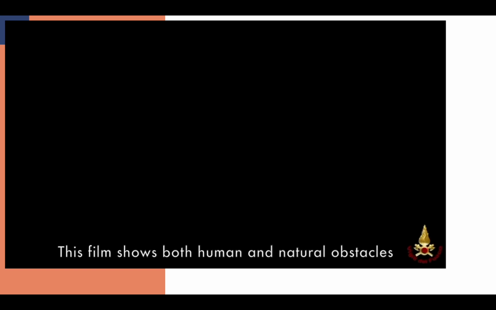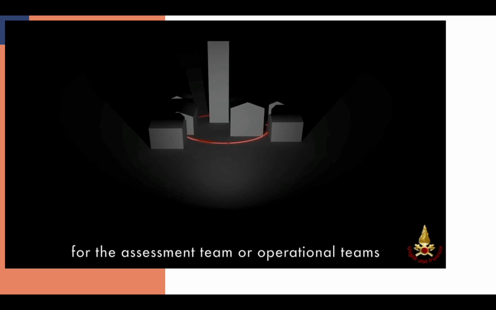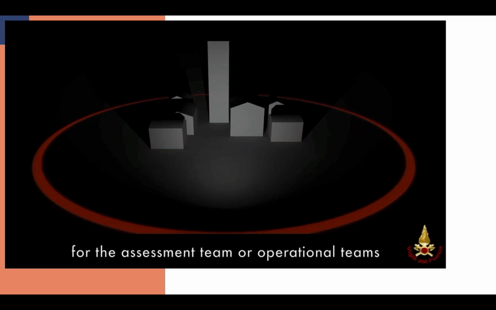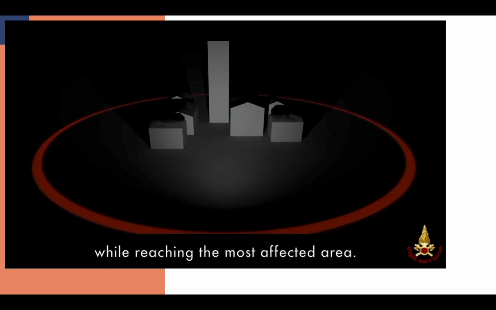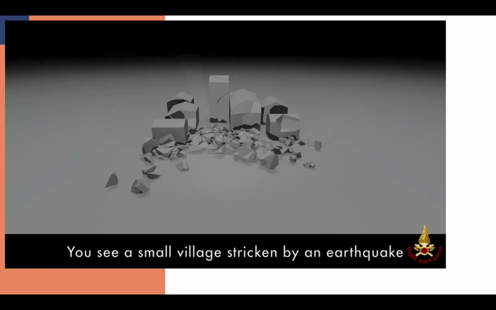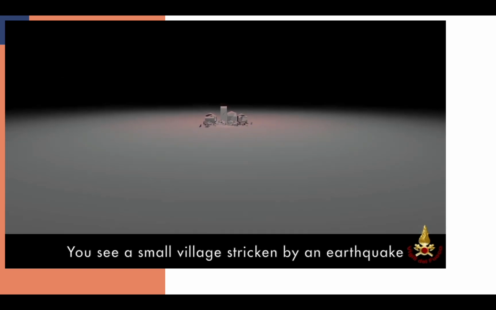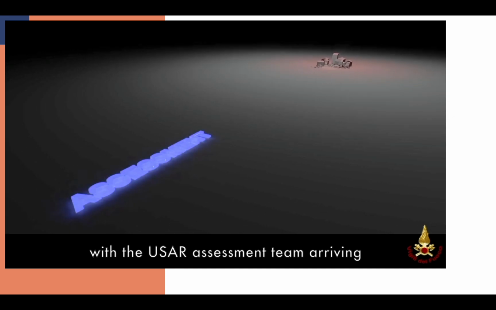This film shows both human and natural obstacles that we named barrier effect. Obstacles could cause slowing down for the assessment team or operational team while reaching the most affected area. You see a small village stricken by an earthquake with the EASeR assessment team arriving.